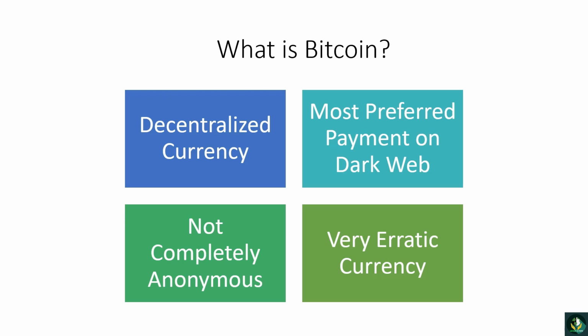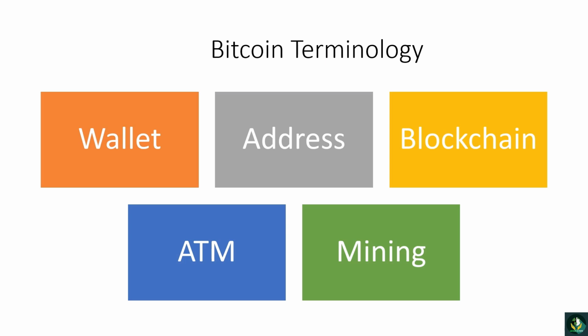So let's look at some basic Bitcoin terminology. You may have heard some of the terms that we are seeing here. Firstly, you have your Bitcoin wallet. This is where your Bitcoin will be stored for later use, and it's your virtual wallet where you can store all the coins.